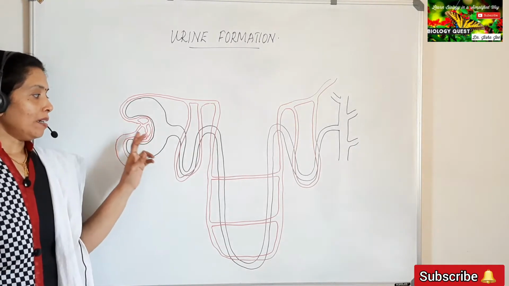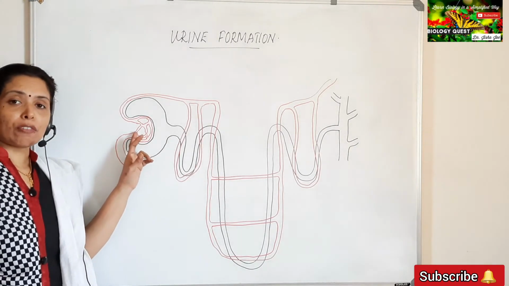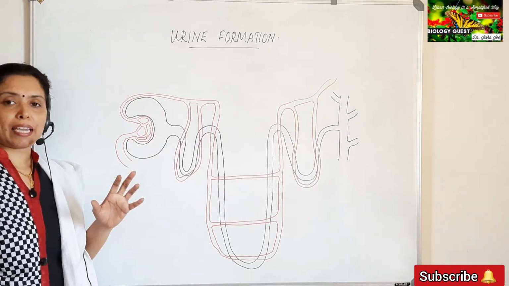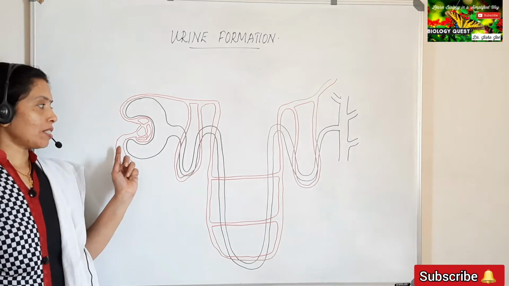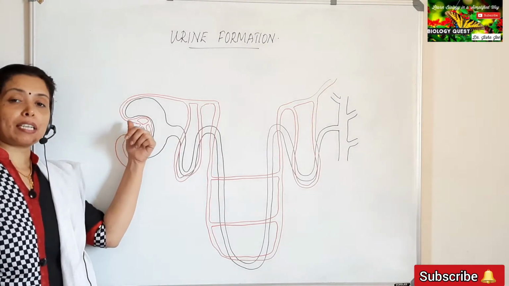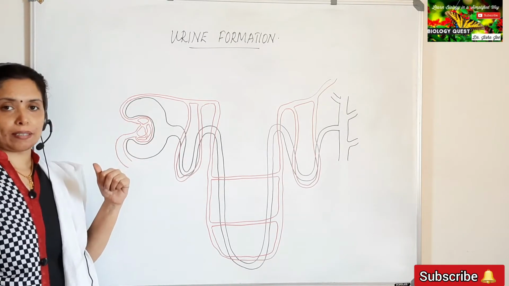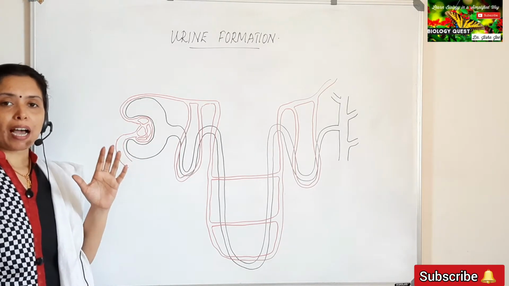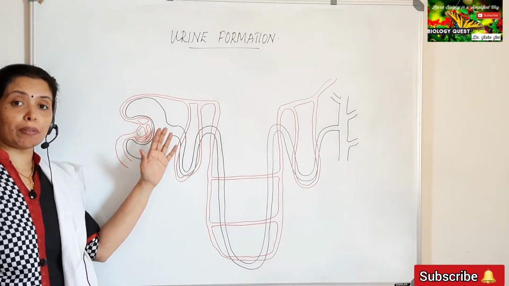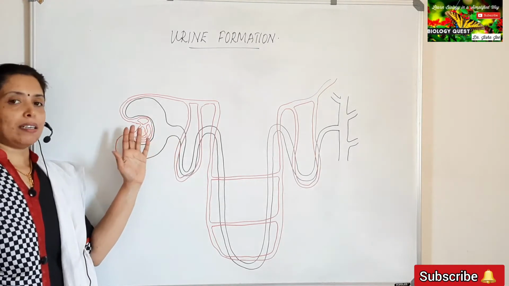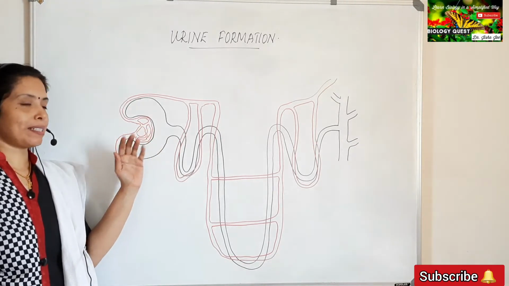Because of this high pressure, filtration of the blood takes place at the Bowman's capsule.